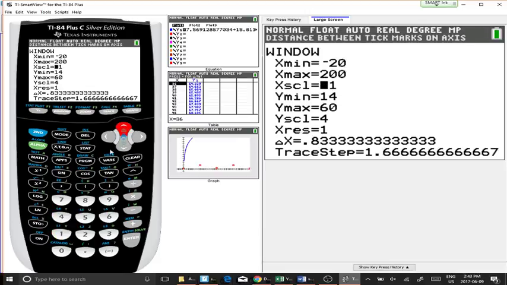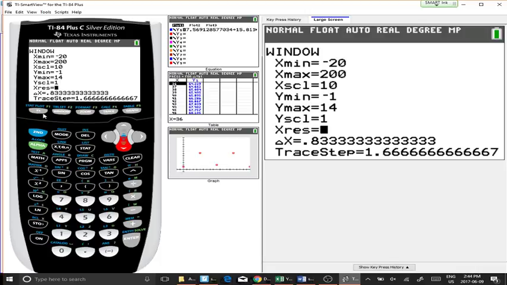It's -1 to 14, and we'll go up by ones. If you have any existing equations in your y equals, you're going to want to clear those existing equations so that we can see a nice clear picture of the graph.